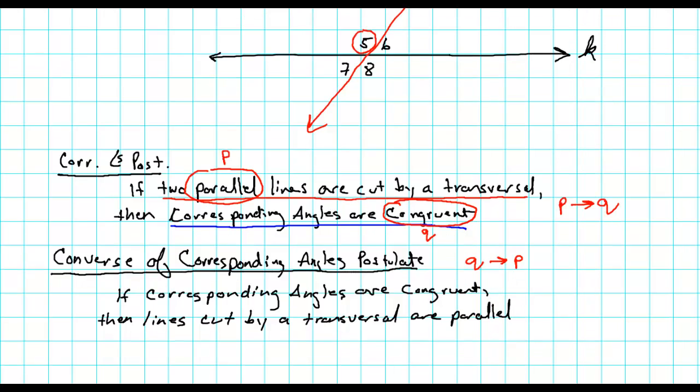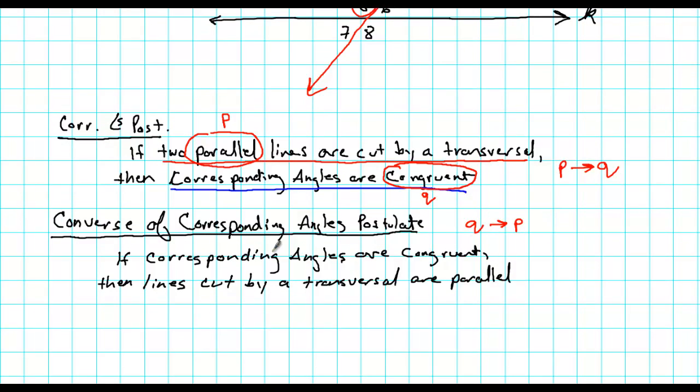The reason that this matters is that the corresponding angles postulate, this one right here, tells us about the angles. The converse tells us about the lines.